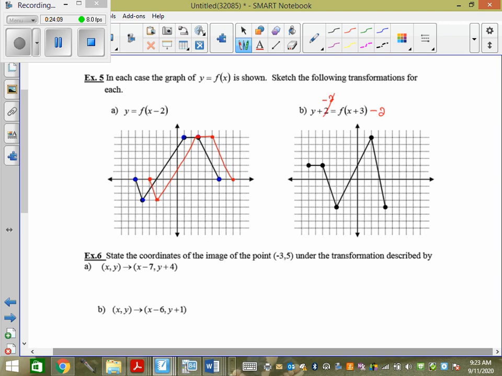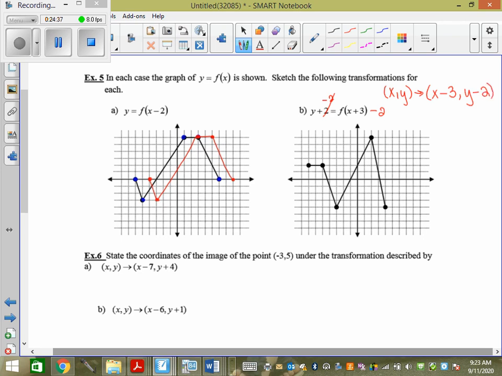So what's my mapping then? x, y becomes what? x minus 3, because we're moving 3 to the left, and the only way you can move a coordinate 3 to the left is by subtracting 3 off of it. y, and now I need to go down 2. What's the only way I can go down 2 from a y coordinate? Subtract 2, right?